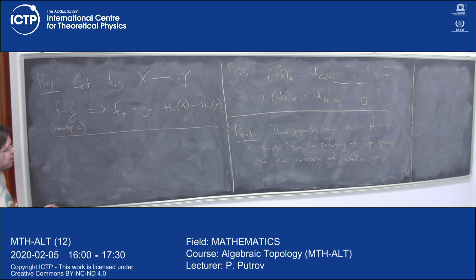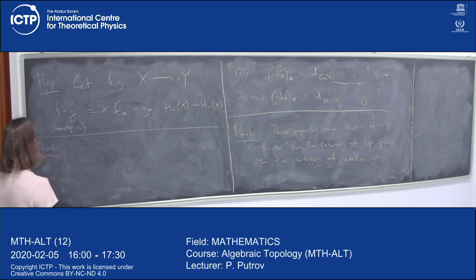This is again similar to what we had for the fundamental group. Okay, so let me start the proof. I'm not sure if I'll be able to finish today. Maybe.